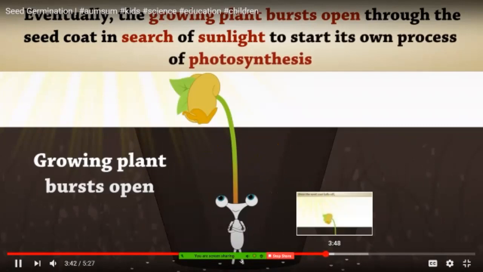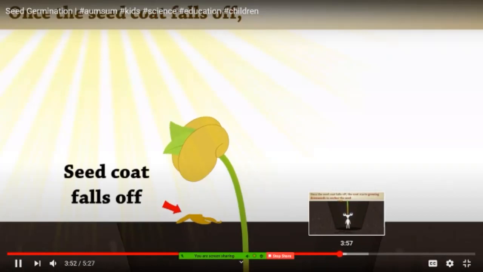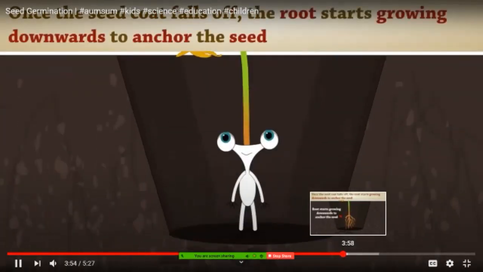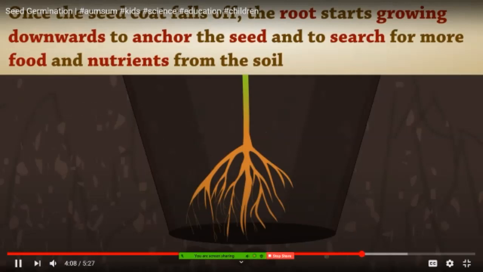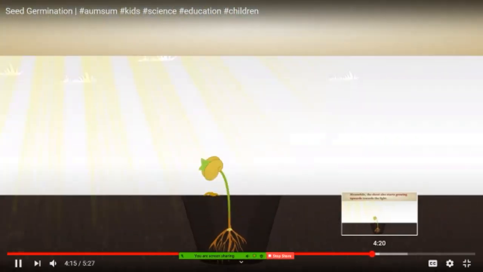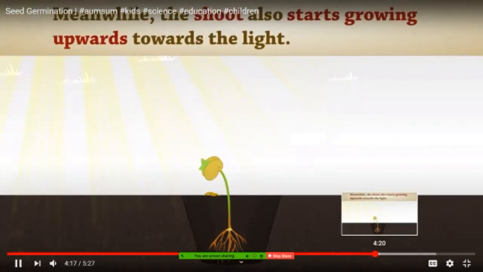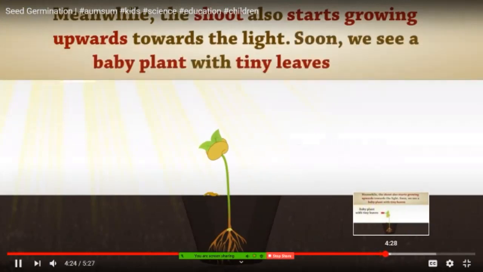The root starts growing downwards to anchor the seed in the soil. Meanwhile, the shoot also starts growing upwards towards the light. Soon, we see a baby plant with tiny leaves.